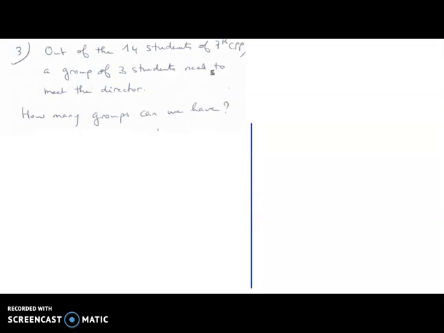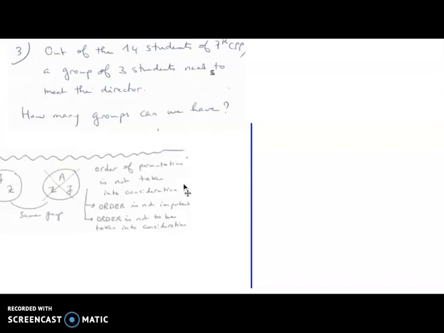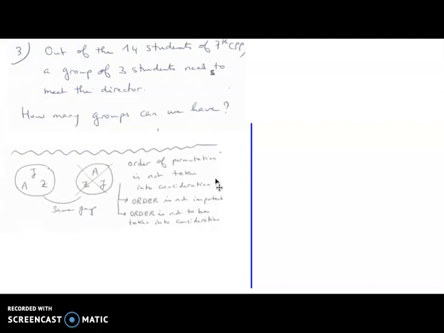Now, out of the 14 students of 7CPP, a group of 3 students needs to meet the director. So, out of the 14, I need to have a group of 3 students to meet the director. How many groups can we have? If we think about a group, for example, of 3, let's take Zayan, Alex, and Joy.